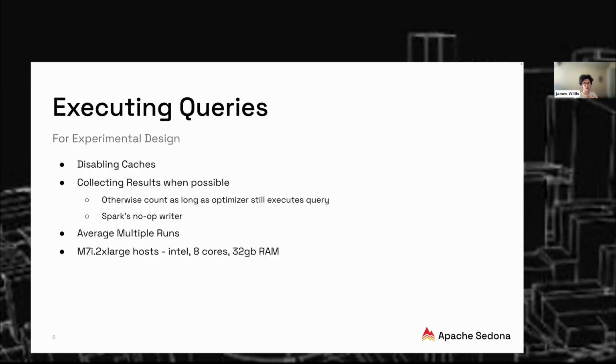I've run these queries against Spark, and Spark has a feature that I'm quite fond of called the no-op writer, where each task in the stage that is writing the data out just generates the data and then writes it to null, putting it nowhere in particular.